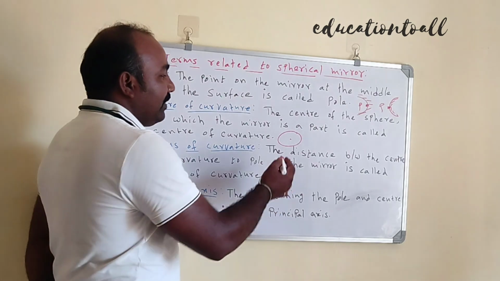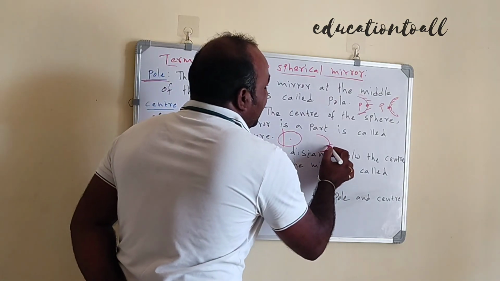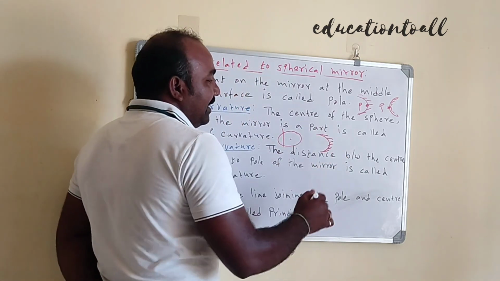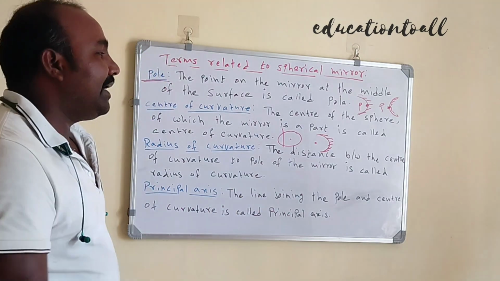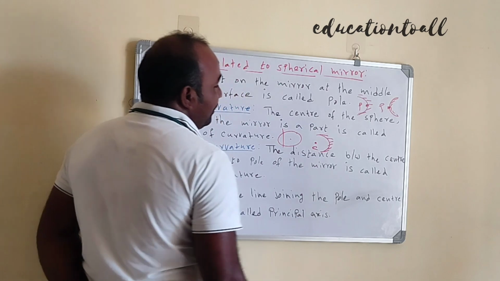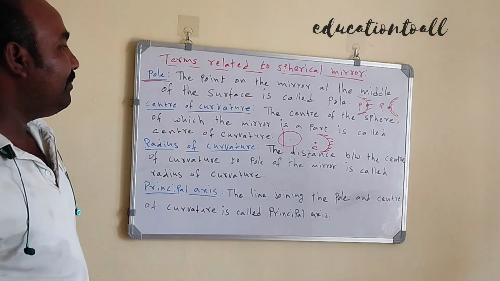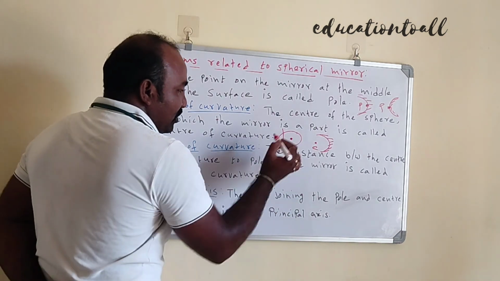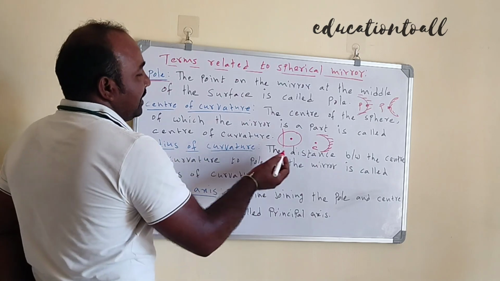If we cut from here, we get a concave mirror. The center is located on the inside of the mirror. For example, this is the center of curvature. Simply, the center of the sphere of which the mirror is a part is called the center of curvature.